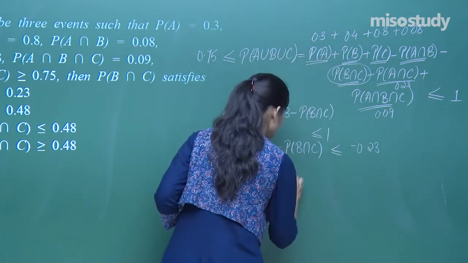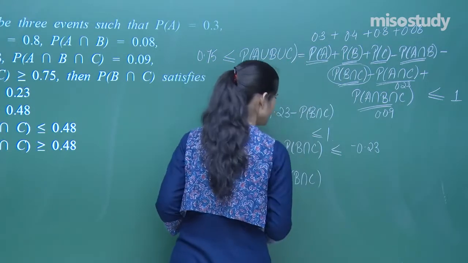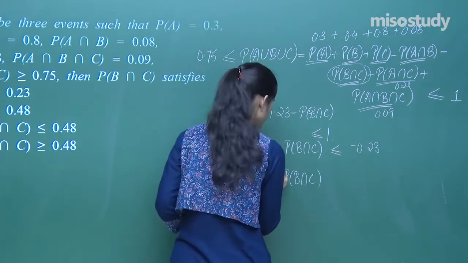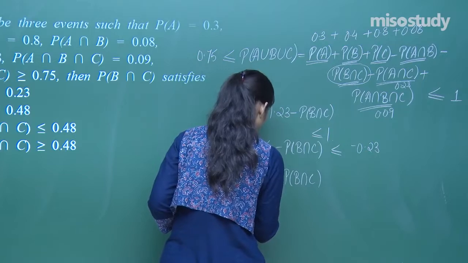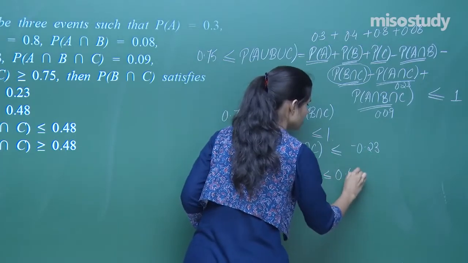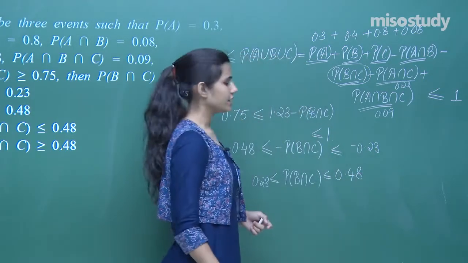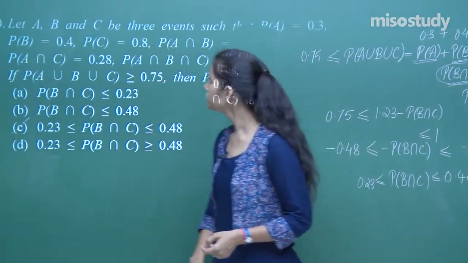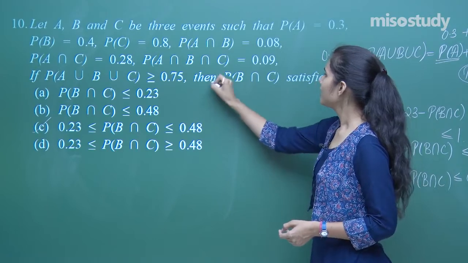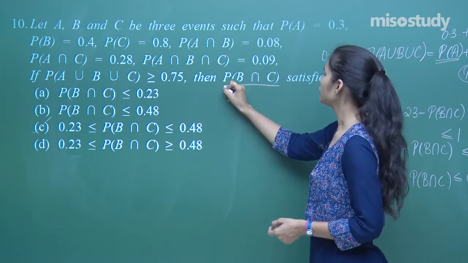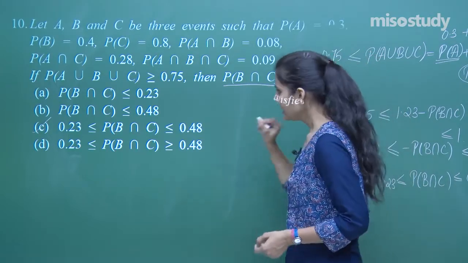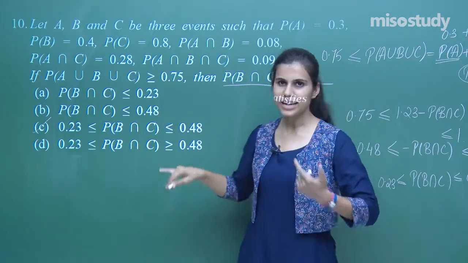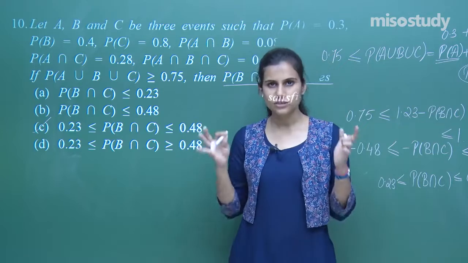So clearly what you get is probability of B intersection C is greater than equal to 0.23 and less than equal to 0.48. Okay, and that is what is your answer. Fine. So I had to tell that probability of B intersection C satisfies what? It is going to lie between 0.23 and 0.48. Exact value I don't know, but yes, obviously the range is known.